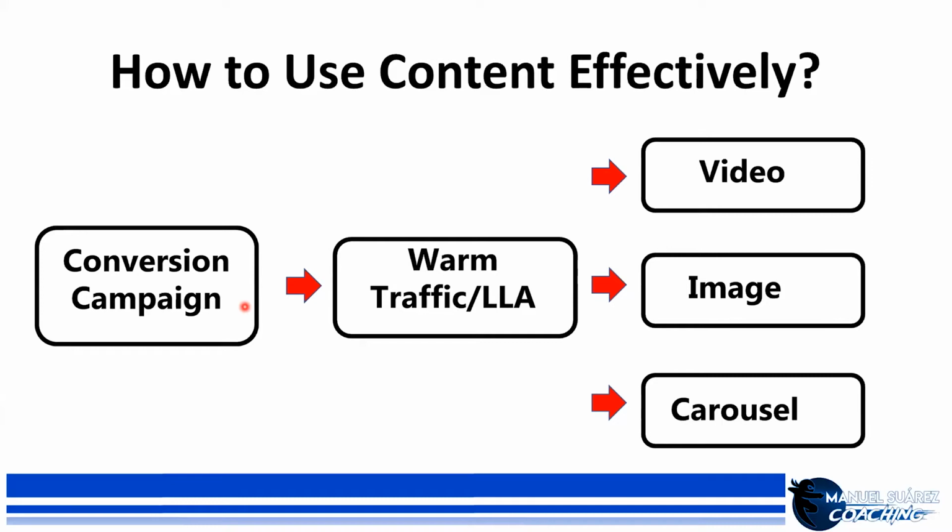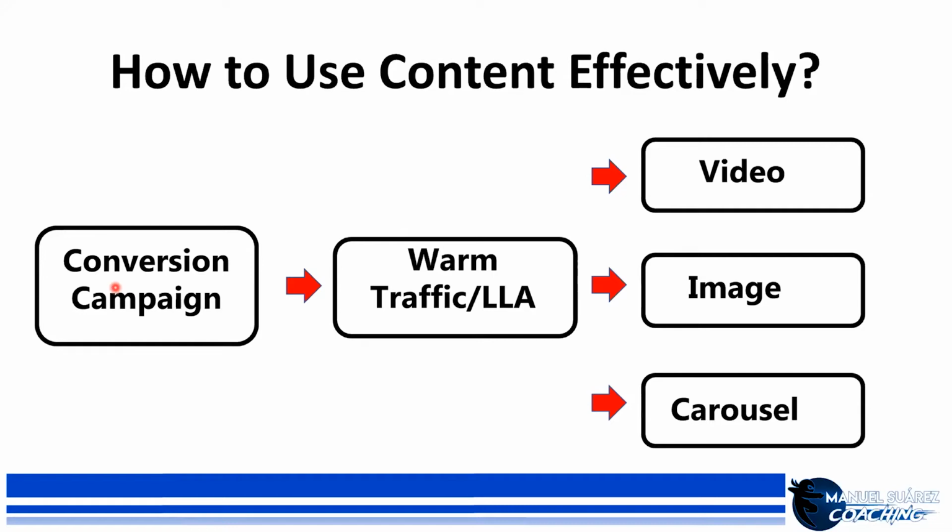Quick note on the conversion campaigns: if your pixel is pretty new, we've covered on the earlier coaching sessions how to season your pixel first so you don't spend money without generating results. If your pixel is pretty new, it doesn't have any data yet, so it couldn't optimize well if you immediately push for purchase.